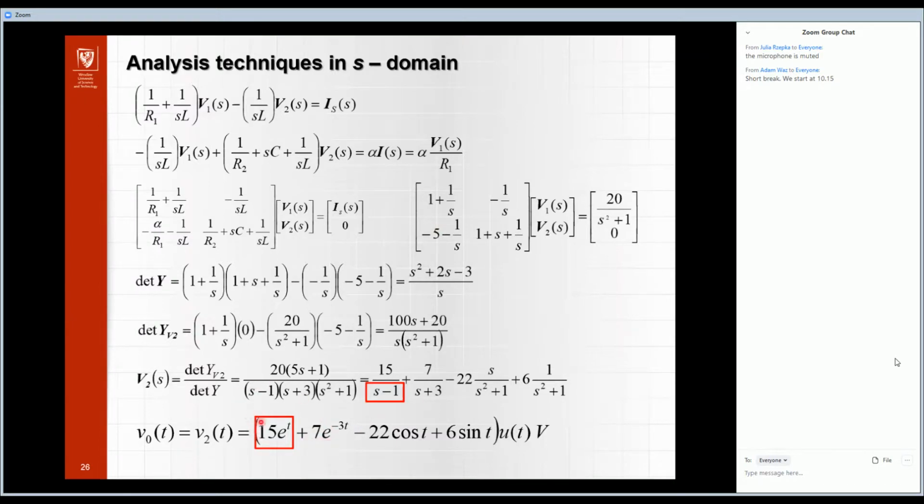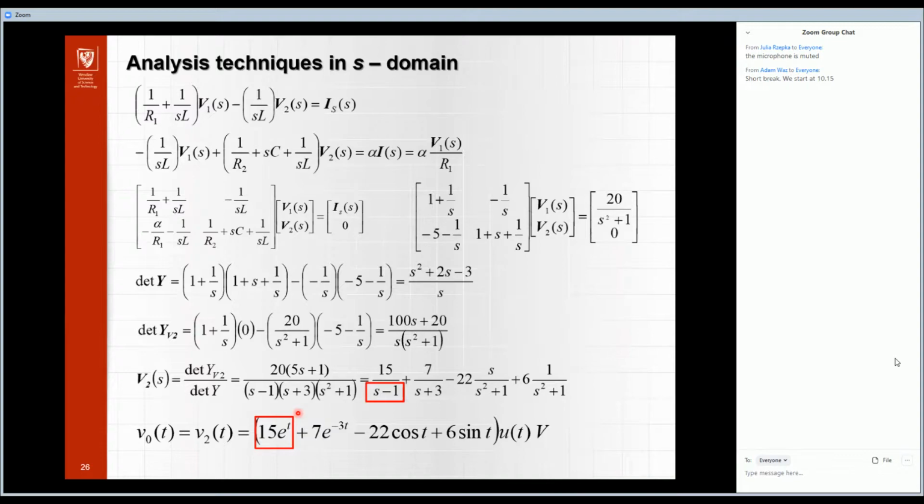But here we have the plus in the power of e. So this is not good, because this value of voltage grows and grows with time.